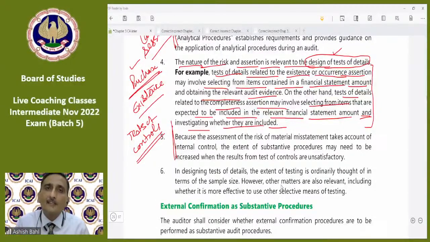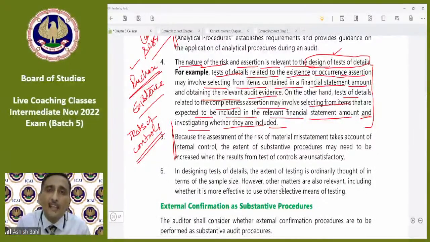However, if he is not satisfied with tests of control and the results are not satisfactory, or if he finds that tests of controls are not operating effectively, then obviously he would assess that there is more chance of material misstatements in the financial statements. So he would therefore increase his area of substantive checking.